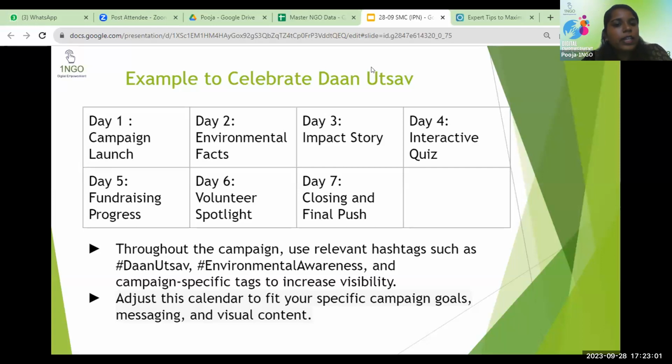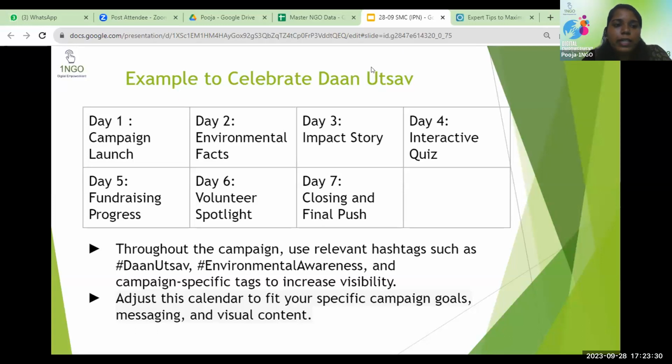And on the fifth day, you can say how the fundraising progress has been till now. Visually, you can appeal by using a graphical representation. Say thanks to your supporters for how they have contributed and how you have achieved the milestone by helping this fundraising. Just thank them and emphasize the remaining amount that you need to achieve in this goal.